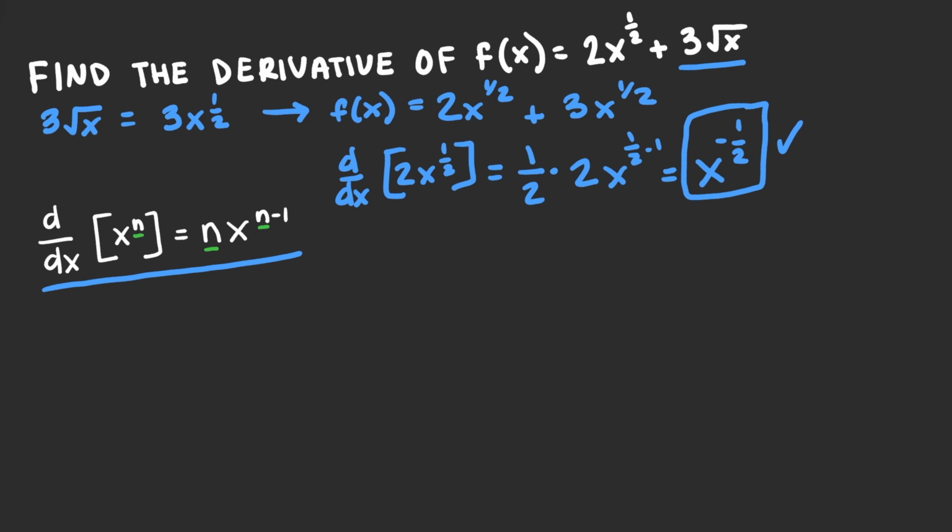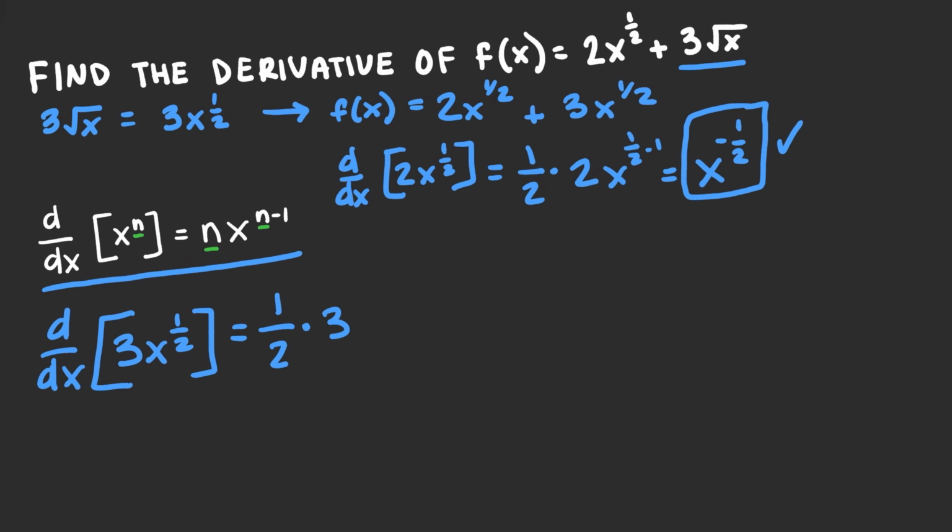And then for our second term, we have d dx. And remember, we changed the notation, so it would be 3x to the power of 1/2. And this would equal 1/2 times 3x to the 1/2 minus 1, which would simplify to 3/2 x to the power of -1/2.